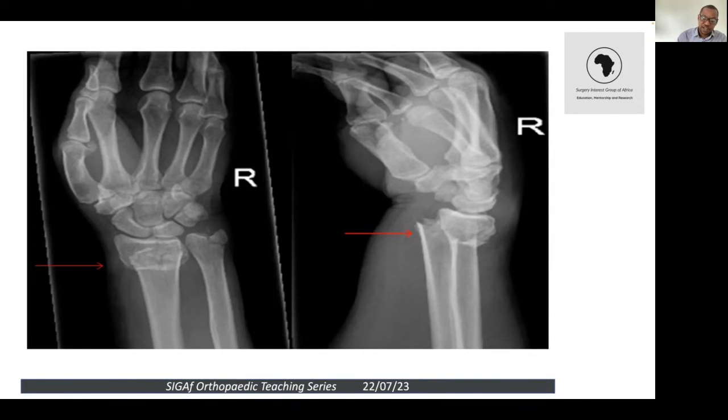You can also then discuss that it is not completely displaced, but what we can see as well is that there is a line which looks vertical and it's quite translucent, extending to the joint line. But there is no obvious step on the joint, and there is no obvious gap that you can see as well.